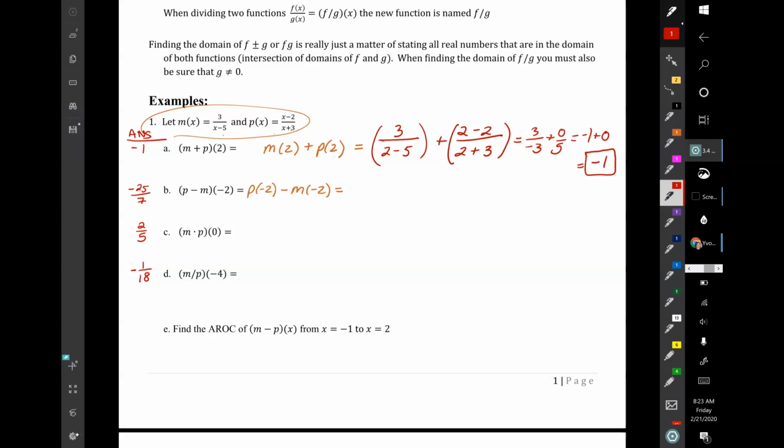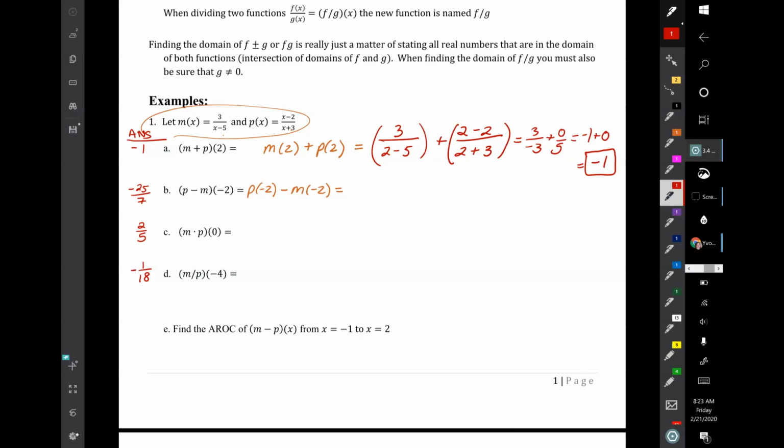E is pretty challenging. You need to split things up and be careful how you do that. One thing to note, we don't distribute over function notation. So I'm going to talk about that after we go through this page.